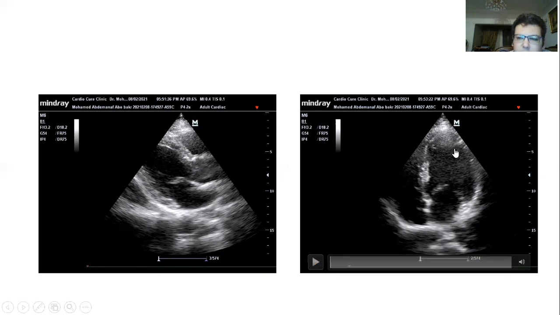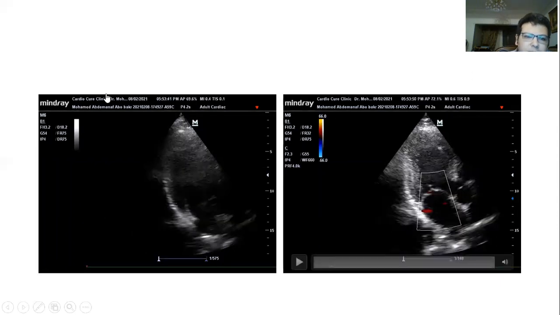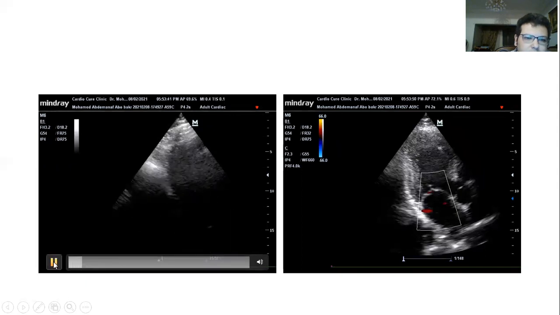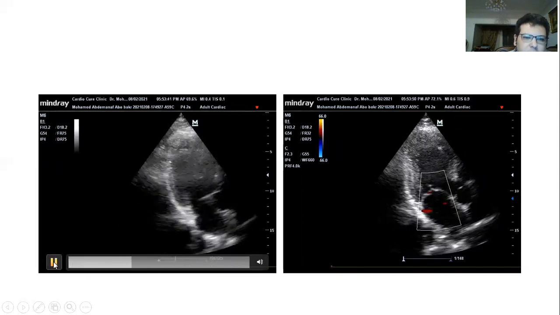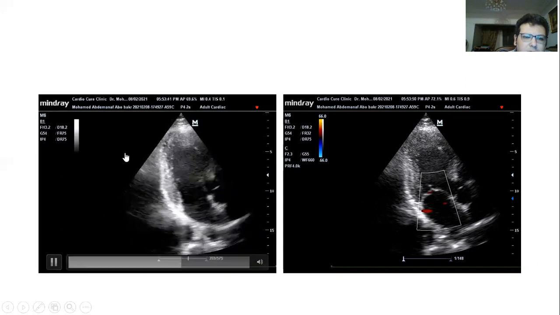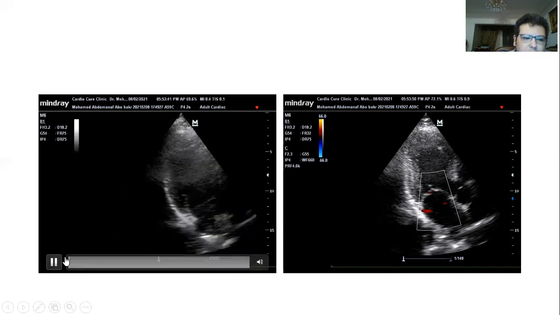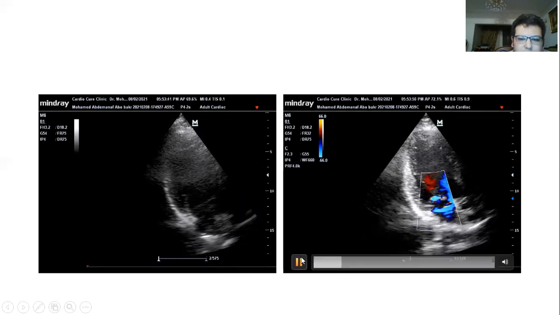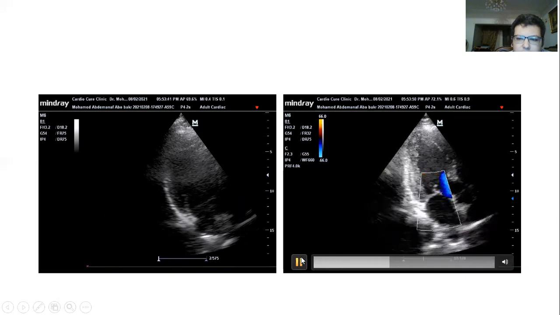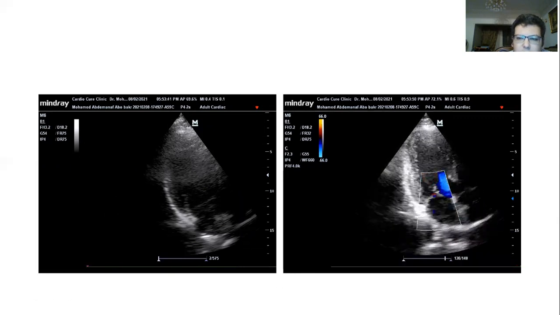But we can't visualize the apex properly in this view or in this acquisition. In the apical long axis, the inferolateral wall is contracting well, while the anterior septum is akinetic. Here is mitral regurgitation.